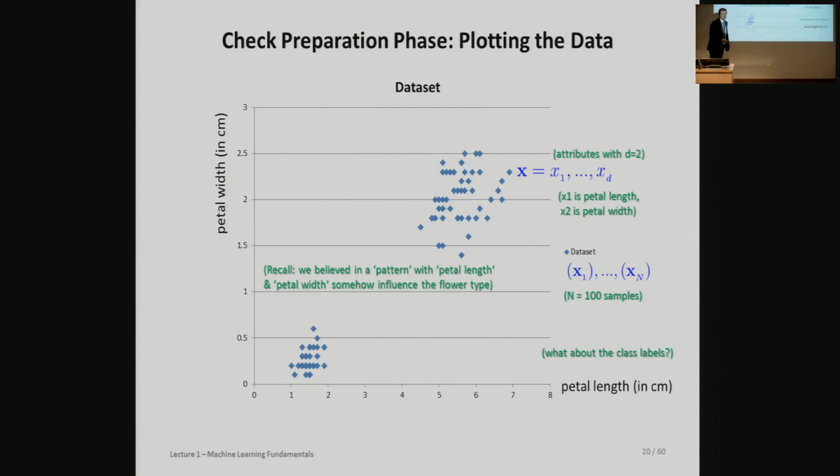So when we think about plotting this data, this is the actual data you see, basically a 2D representation, and we have here the petal length and petal width. This is what we now consider the attributes in a more mathematical formulation, right? And we say the attributes in terms of D, meaning dimension.